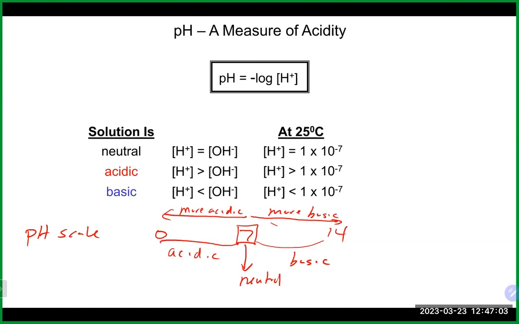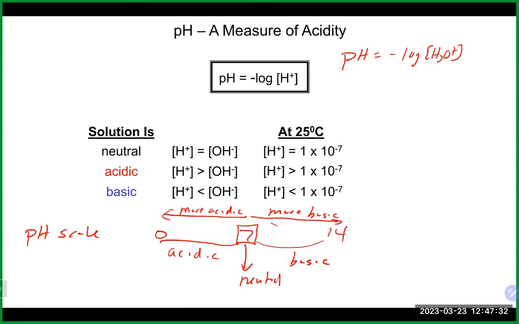The way that we calculate the pH is we take the negative of the log of the H plus concentration. Once again, you can substitute H3O plus in there if you would like to. It's the same thing. Depending on your calculator, you need to punch this formula in a specific way.